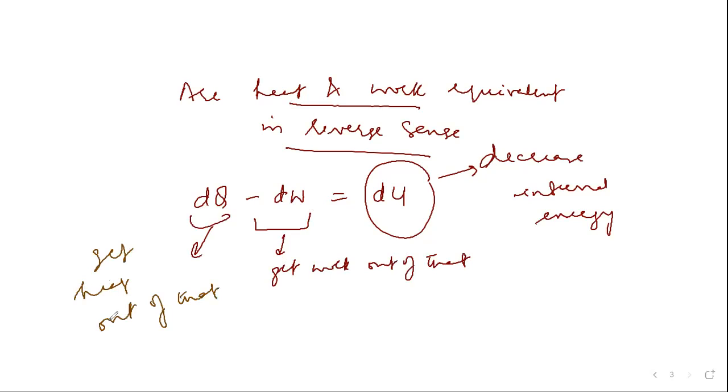That means, let me use the numbers. If I decrease the internal energy of the system by 10 joule, and I get no heat, can I get 10 joule of work?